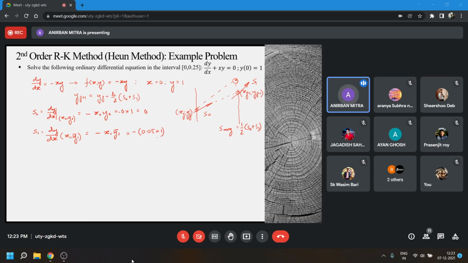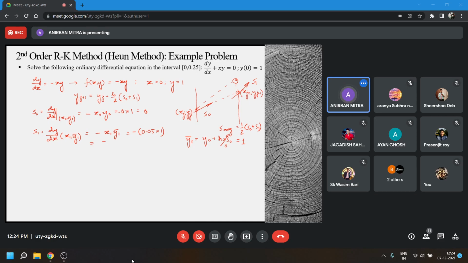How do we get y1 bar as equal to 1? y1 bar is equal to y0 plus the step size multiplied by the slope at that point, S0. So S0 is obtained as 0, so that part is 0. y0 is 1, so y1 bar is also 1.